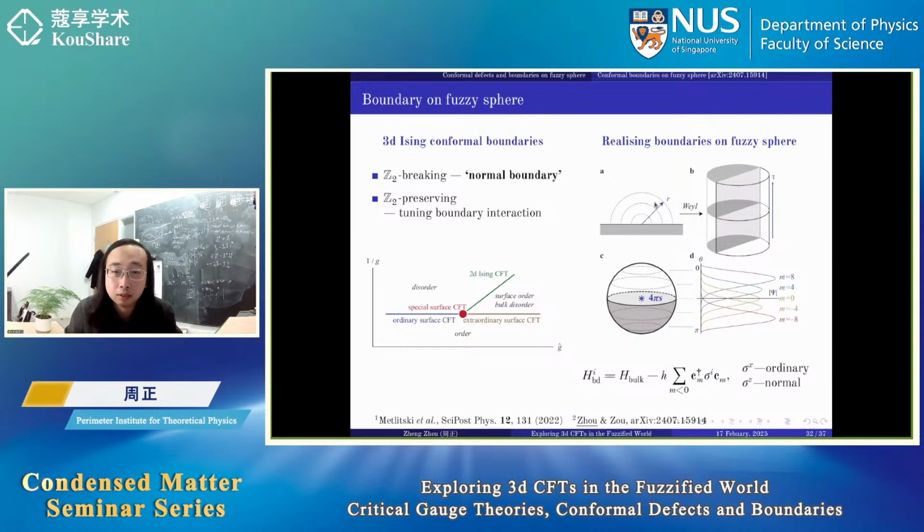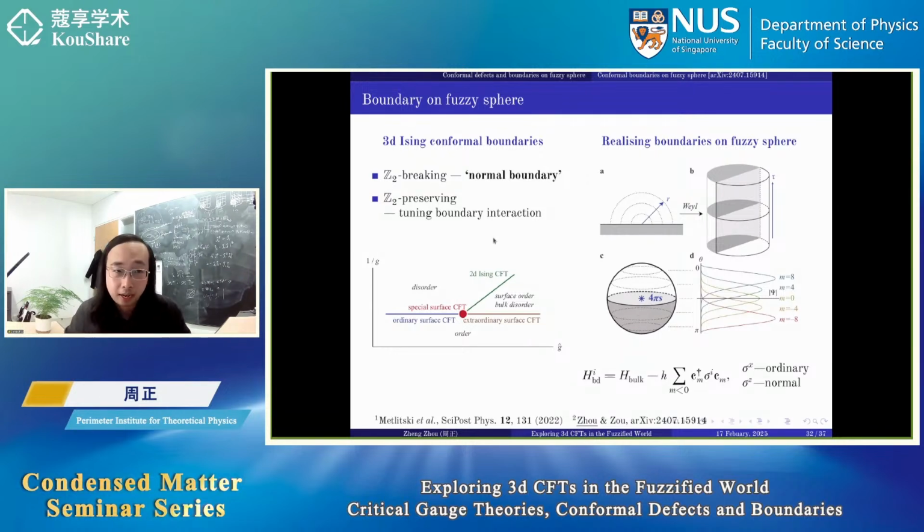On the fuzzy sphere, these boundary CFTs can be realized by polarizing half of the sphere and keeping the degrees of freedom on, for example, the north half and polarizing the south half. If we polarize it towards the transverse direction, then it corresponds to the ordinary, and if we polarize it towards the Z direction, then it corresponds to the normal conformal boundary.